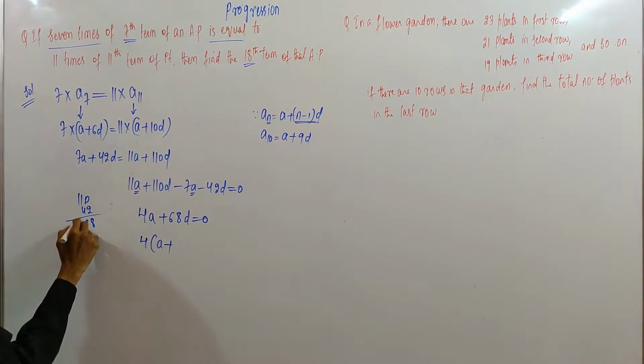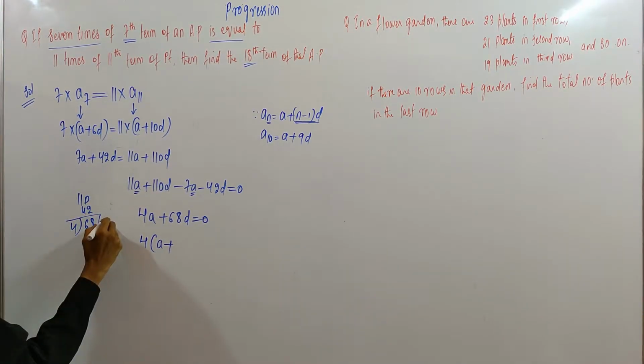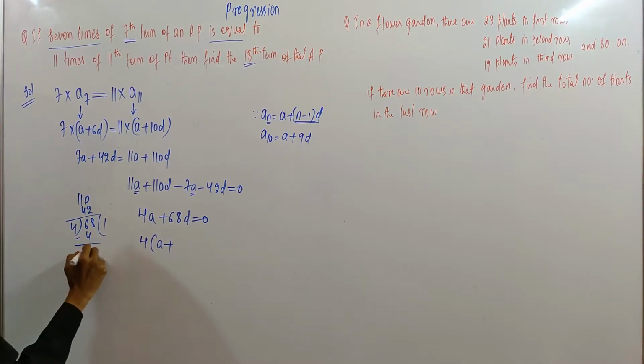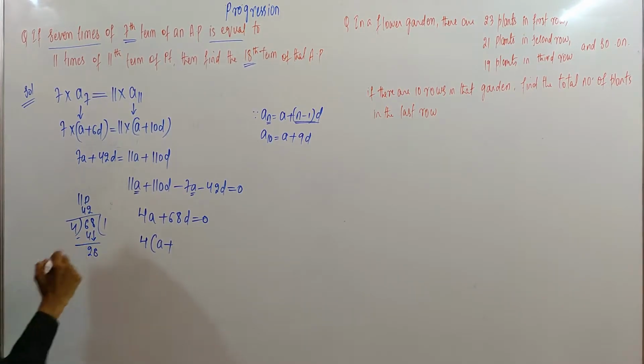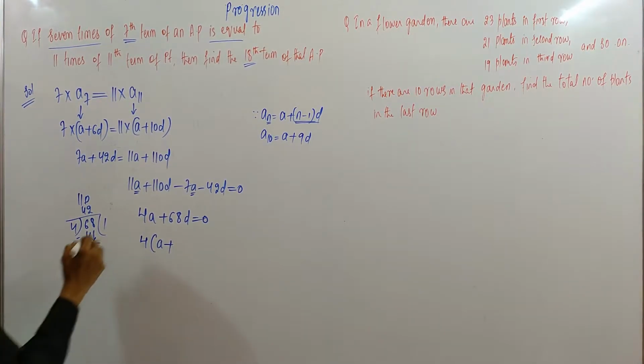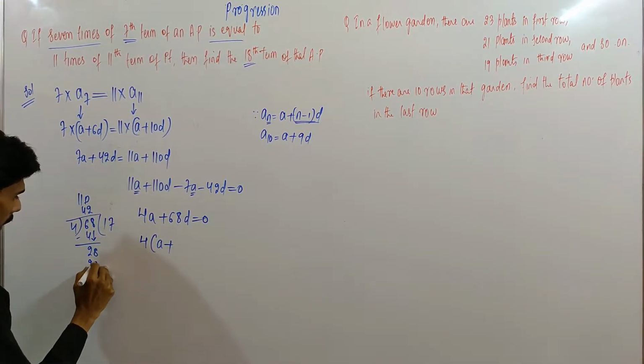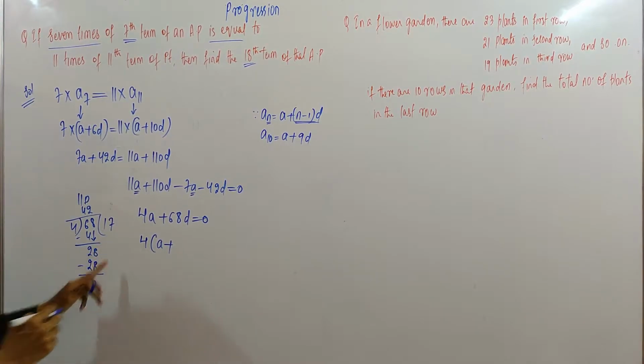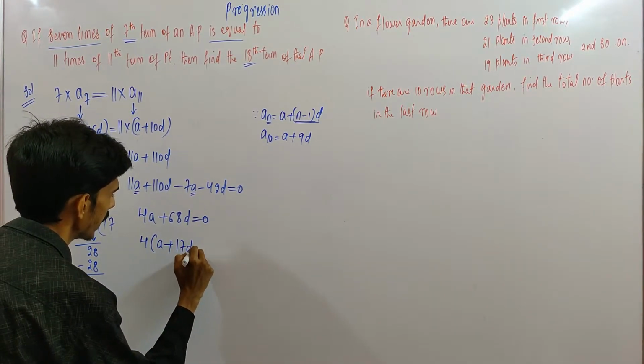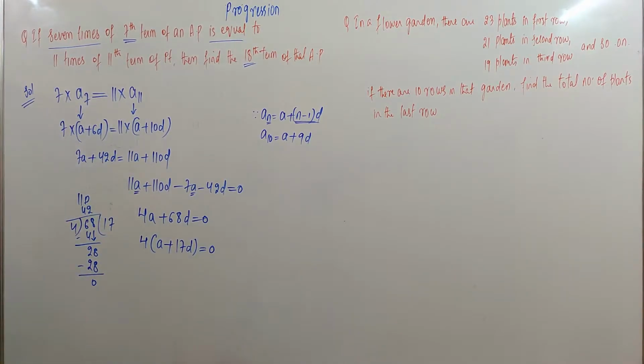We have a plus 68 divided by 4. 4 ones are 4, 4 sevens are 28. So we have 17. Here we will get a plus 17d is equal to 0.